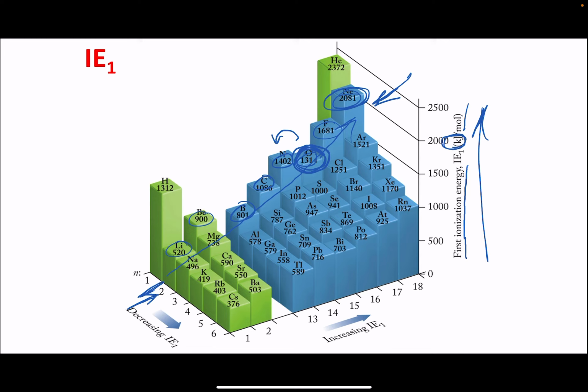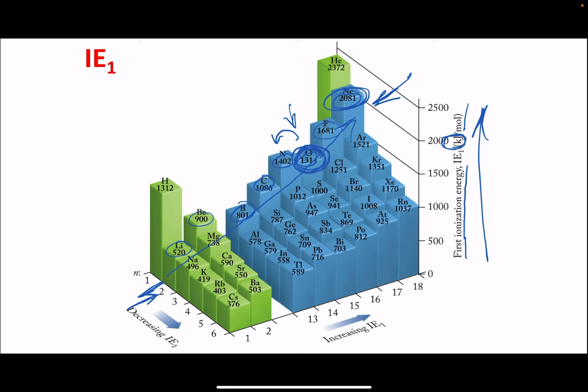So those are how we explain the broken trends at this column, the sixth column, group 6 in the main group P block of the periodic table.